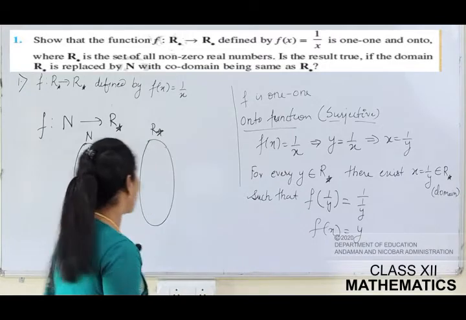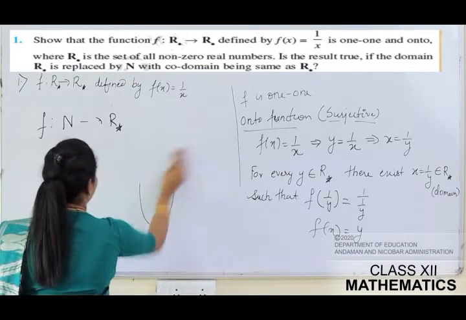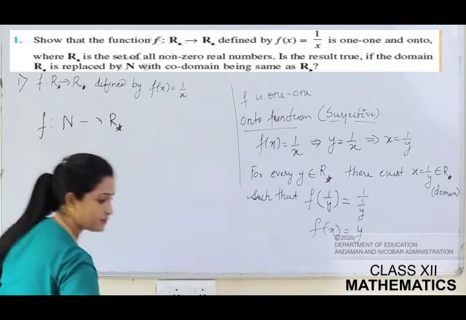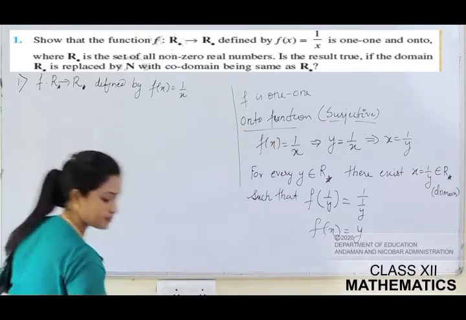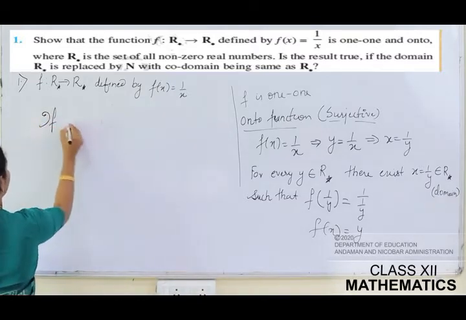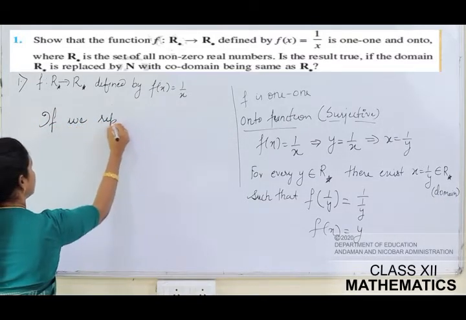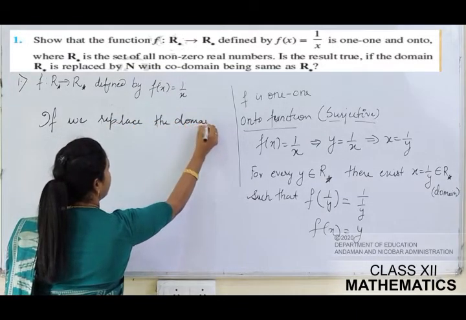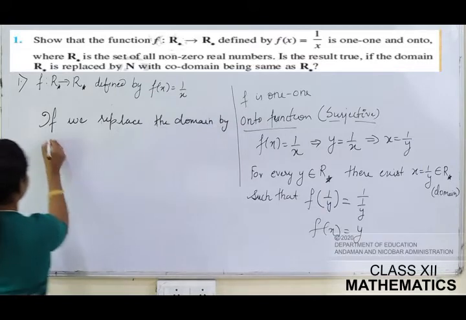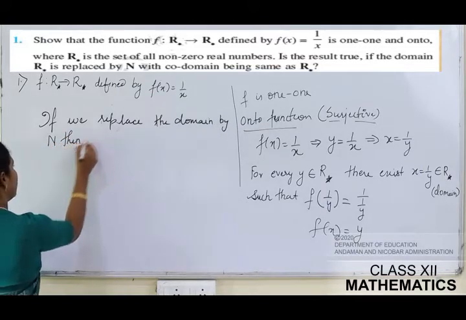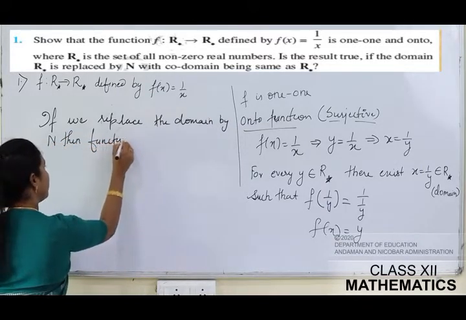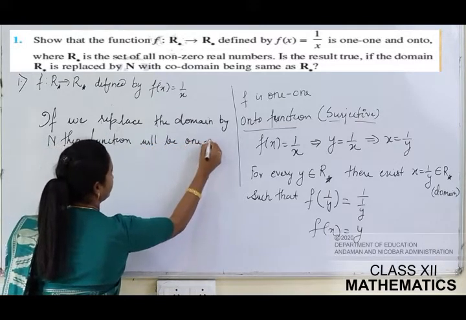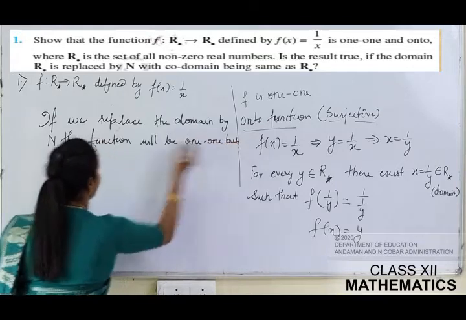Now let's see whether it is onto or not. Here you have to write in words that if we replace the domain by N, then the function will be 1-to-1, but not onto.